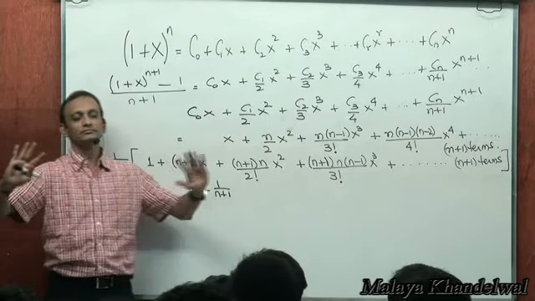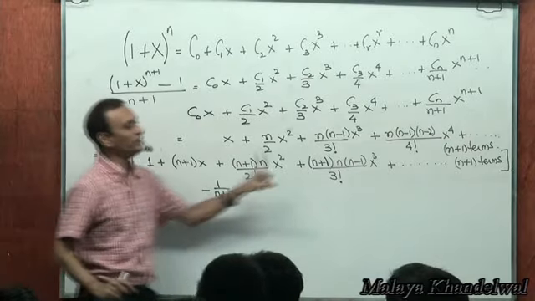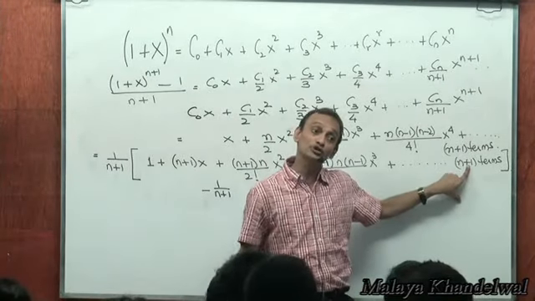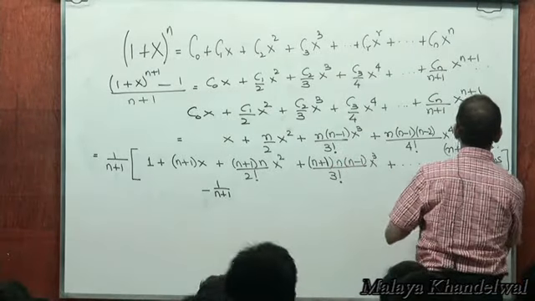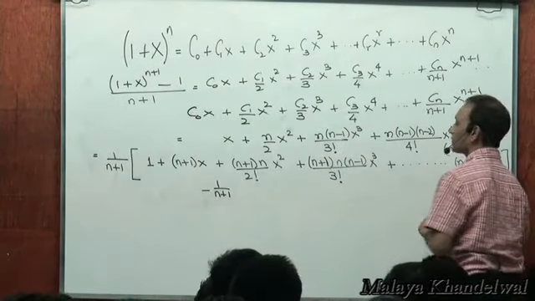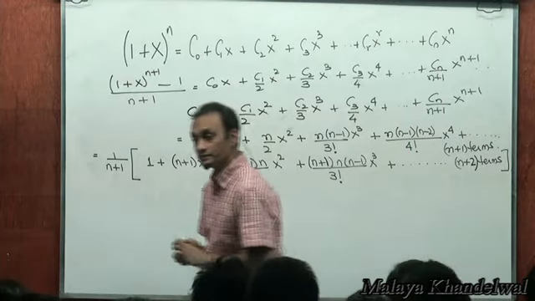Now, if I add 1, how many terms are there? n plus 2 terms inside the parenthesis, right?